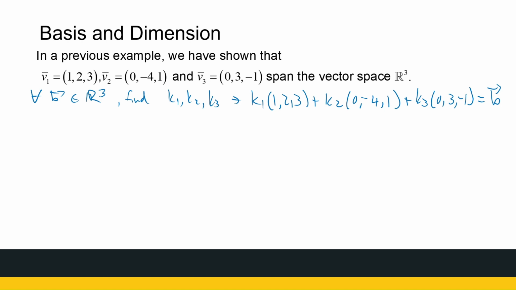So we must be able to find those K1, K2, and K3 because this vector space spans R3. Now what we want to ask ourselves is, what does a set look like? Here I've got a set S consisting of V1, V2, and V3.